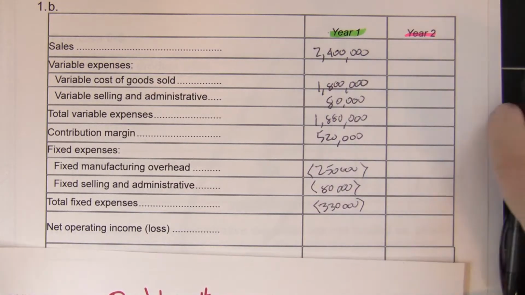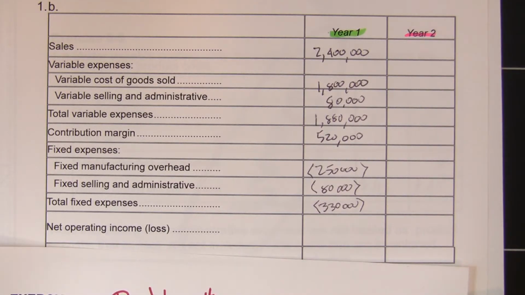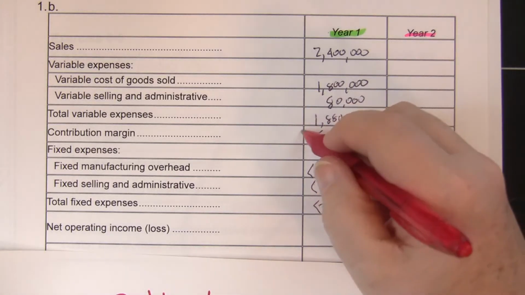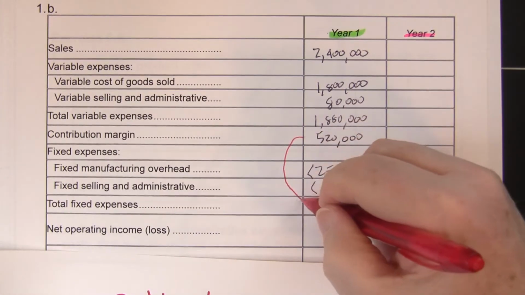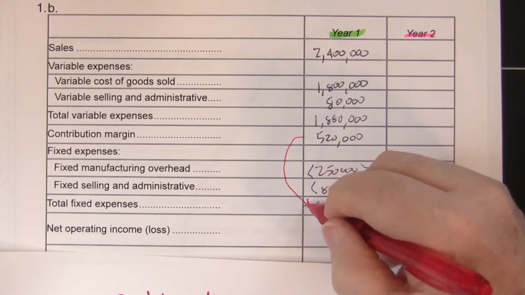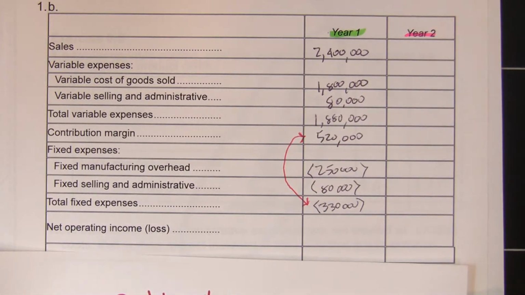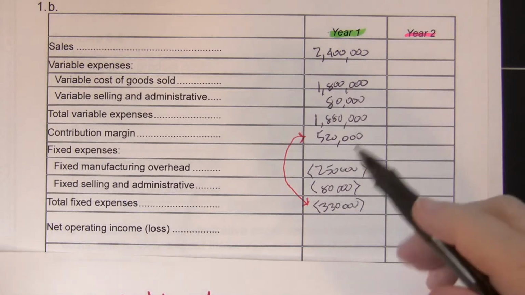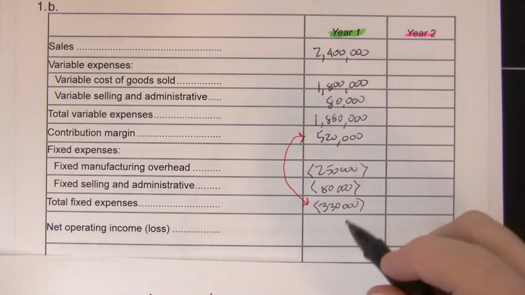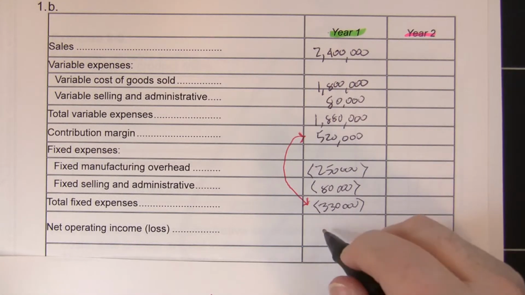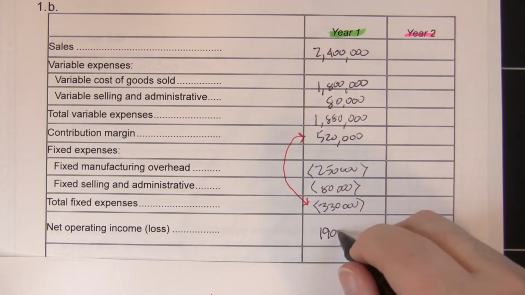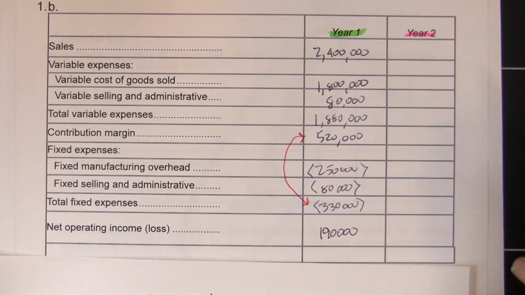We subtract the 330 from the contribution margin. They're the two numbers we care about. And the net operating income, 520, take away 330, 190,000. Year one. Okay?